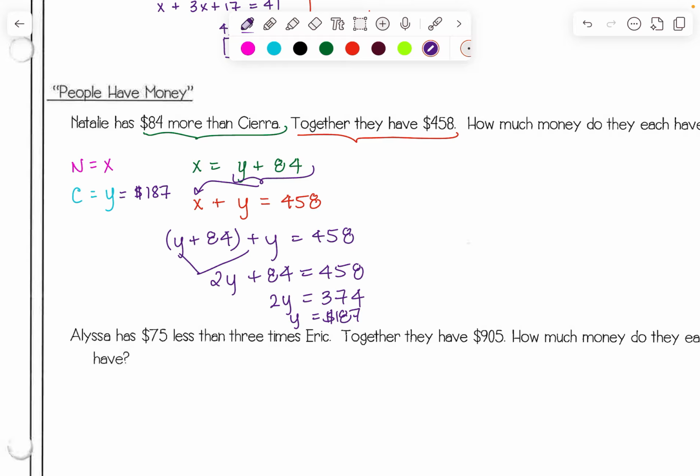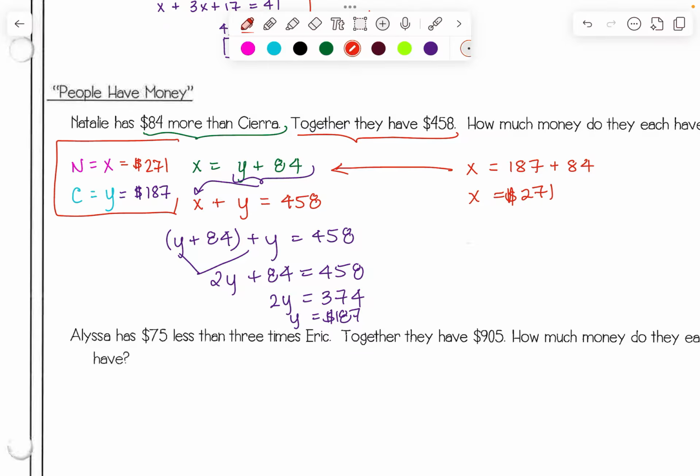Remember, Natalie, she has 84 more dollars than Sierra. So I'm going to take X is equal to Y, but Y is 187, and add 84 to that. So X is equal to $271. That means Natalie has $271.